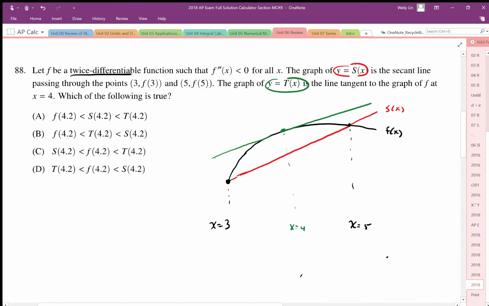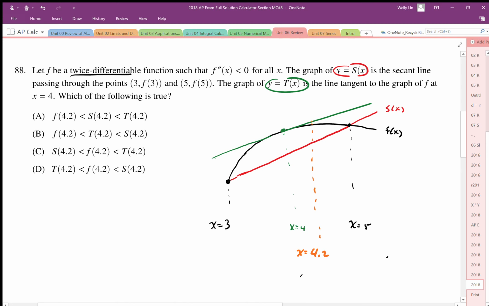We're looking at some point that is just beyond x equals 4. So we're going to say that x equals 4.2 is just on the right side of this. And it's asking which line is going to be above the other. So which function is going to be greater at that point?